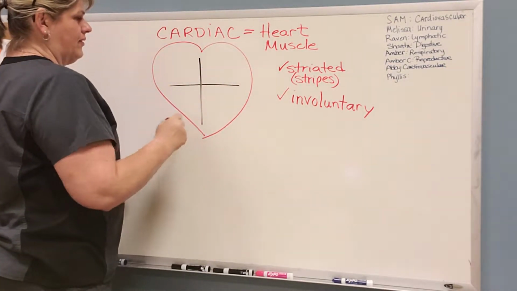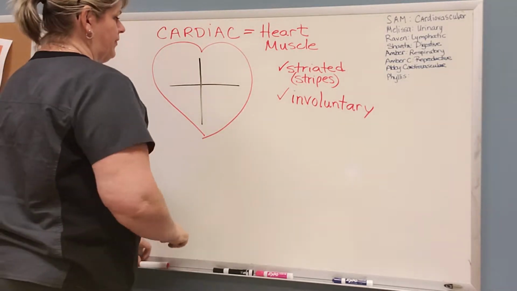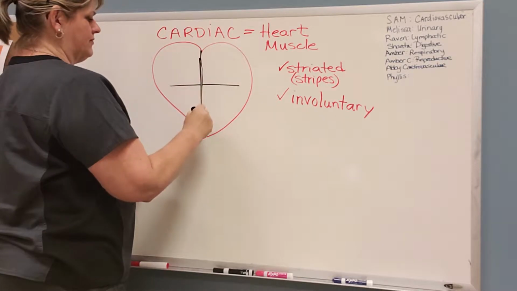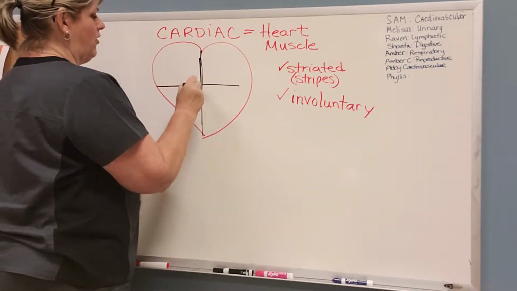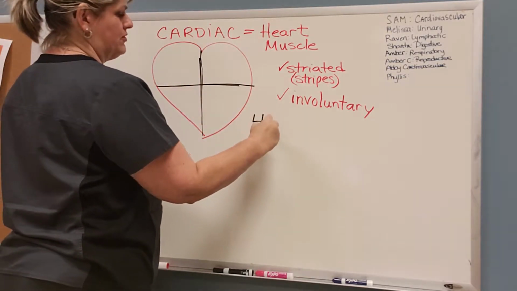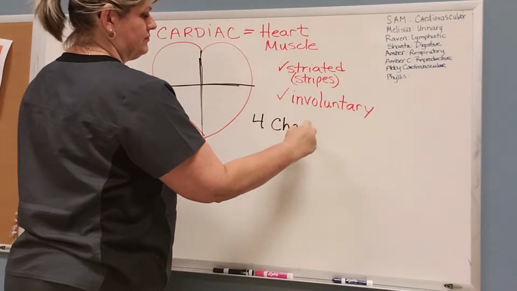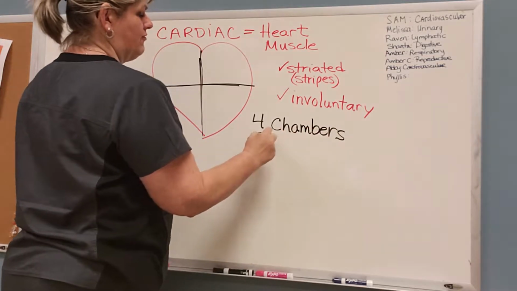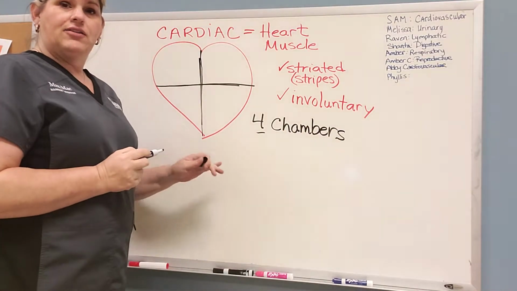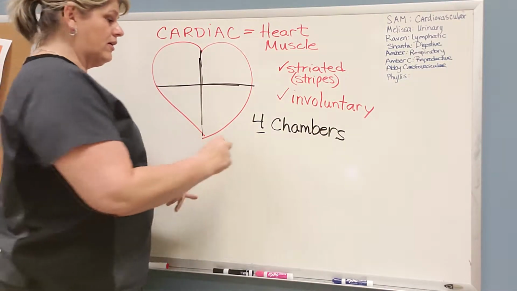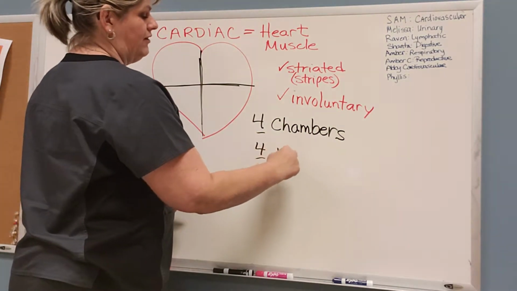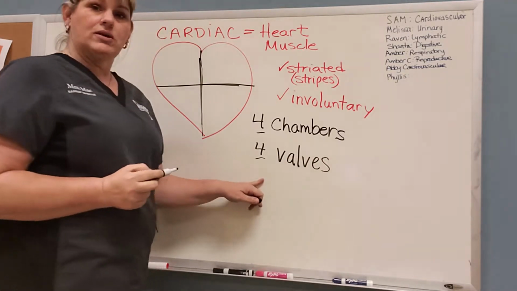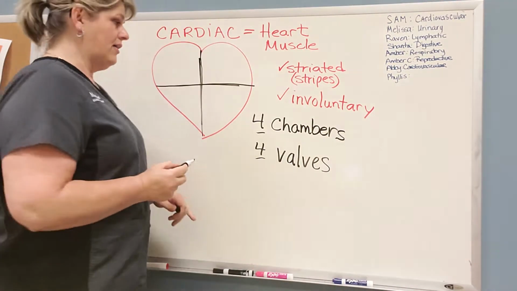So the heart is divided into 4 sections. We call these sections chambers. So we have 4 chambers. And in those chambers, there are 4 valves that assist the blood flow passing from one side of the heart to the other.